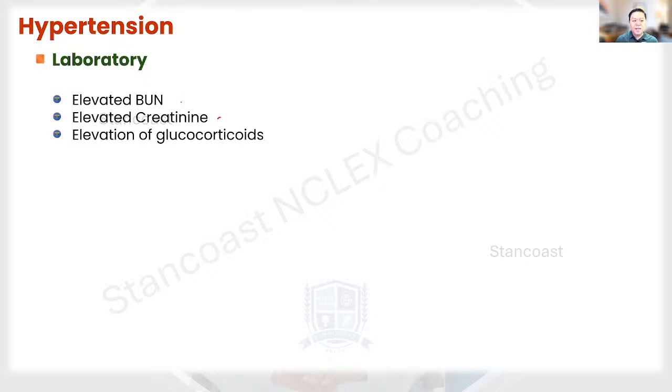Now, if there is elevation of the glucocorticoids in a case of Cushing's disease, remember that the cortisol can also lead to hypernatremia. It can cause the retention of sodium and also water. What else? Hyperglycemia.